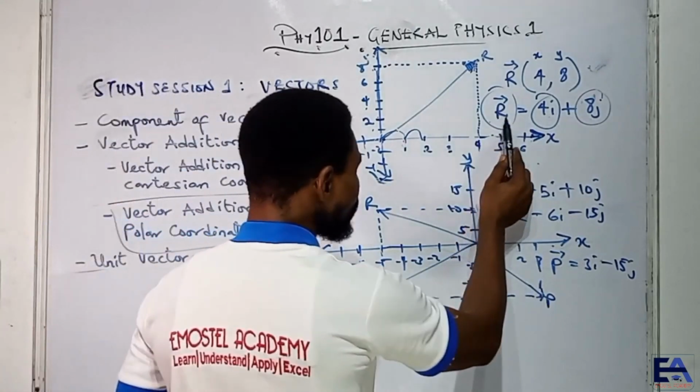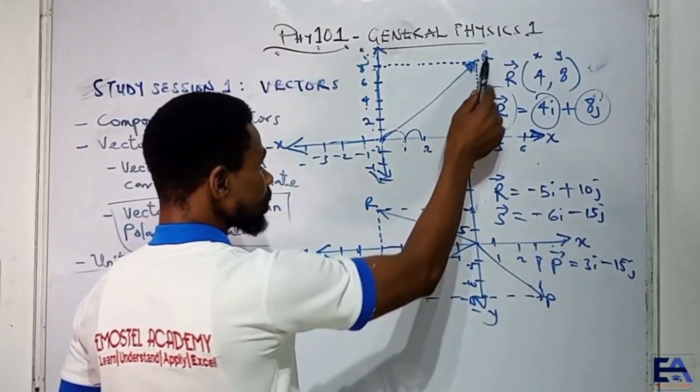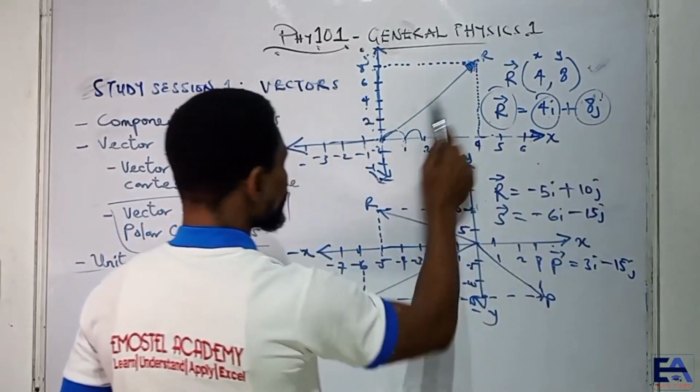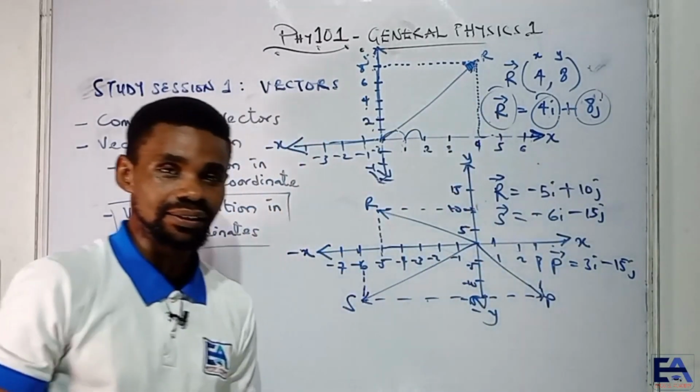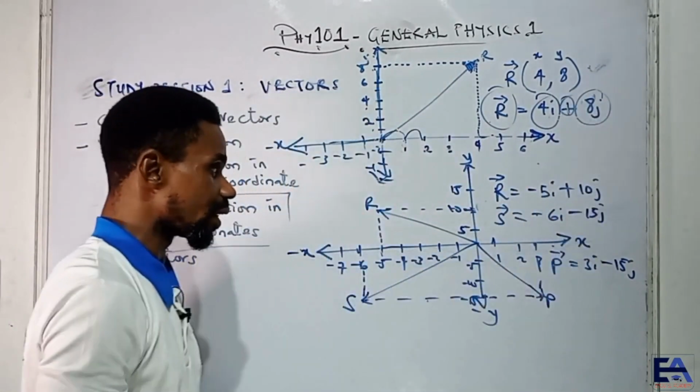So that is where the plus that you have been seeing here comes from. Which means the overall effect of vector R is equal to the effect of vector R on the x-axis plus the effect of vector R on the y-axis. Okay, so that's the essence of the plus that you are seeing here.